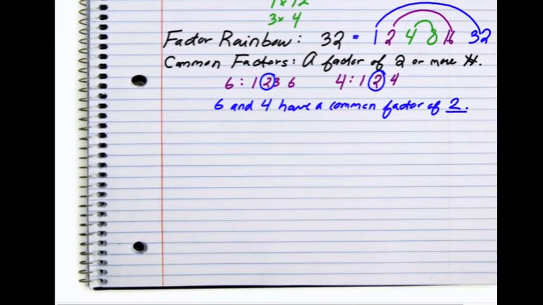Now I want to talk to you briefly about multiples. Multiples are the product of any two numbers, other than 0.